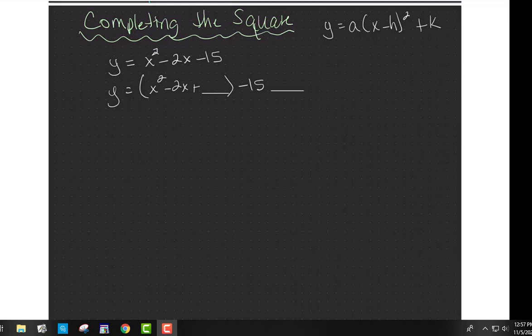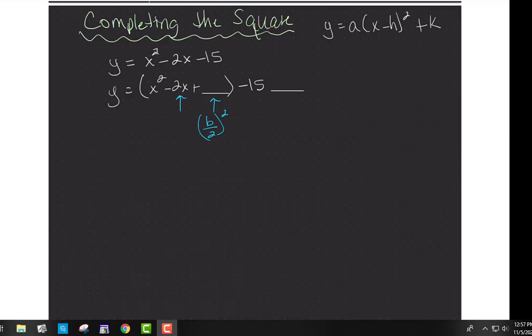So many colors to choose from. That little guy is like our b value, right? And that a squared plus b squared plus c. So to figure out this value, we just do b divided by 2, and then we square it.